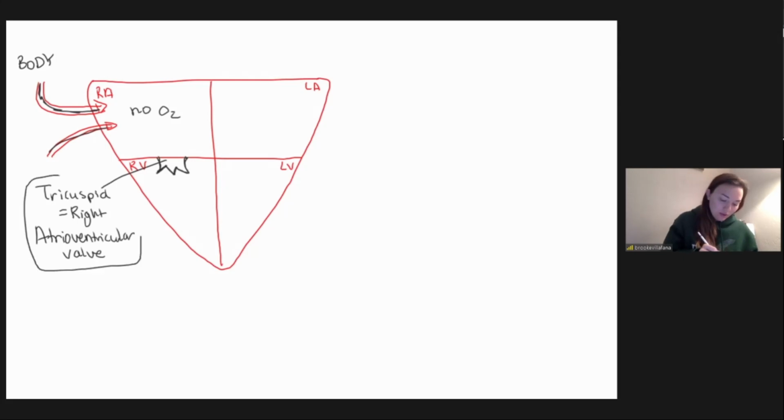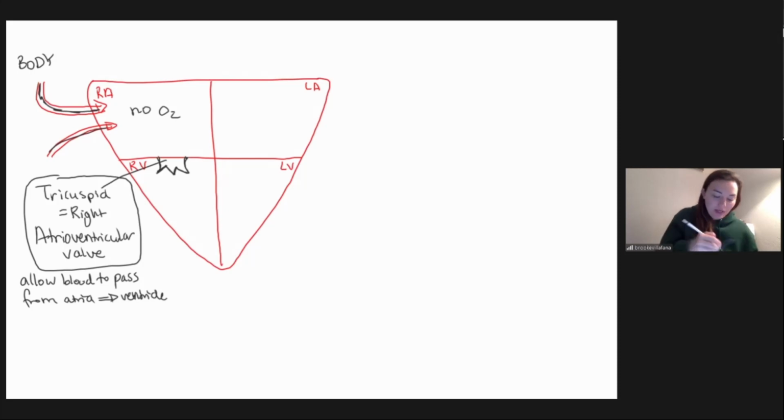And it's going to allow blood to pass from the atria down into the ventricle. So the valve only really goes one way. It doesn't let blood go up, it just makes blood go down. So it's a unidirectional valve.